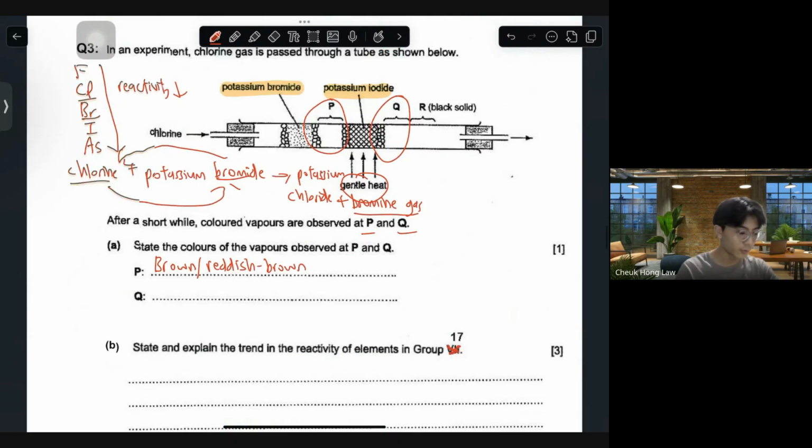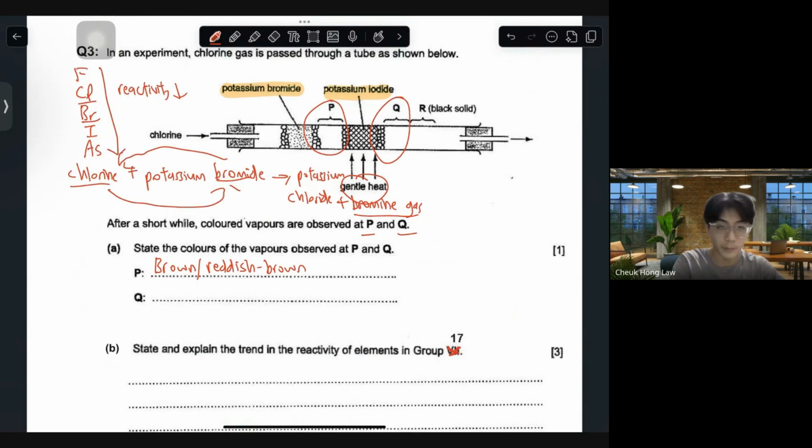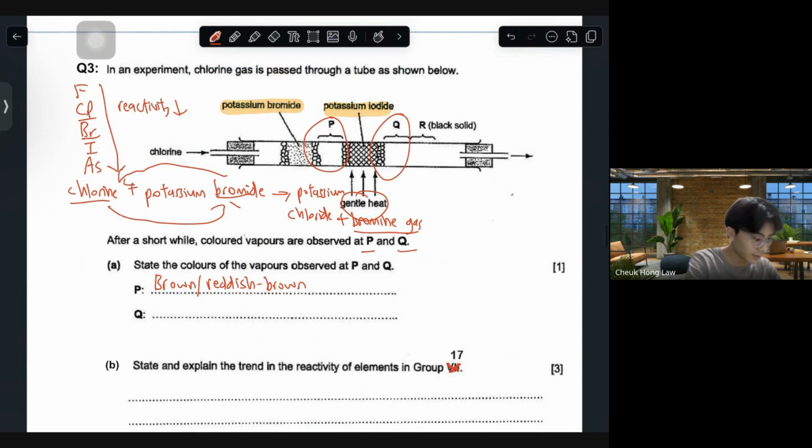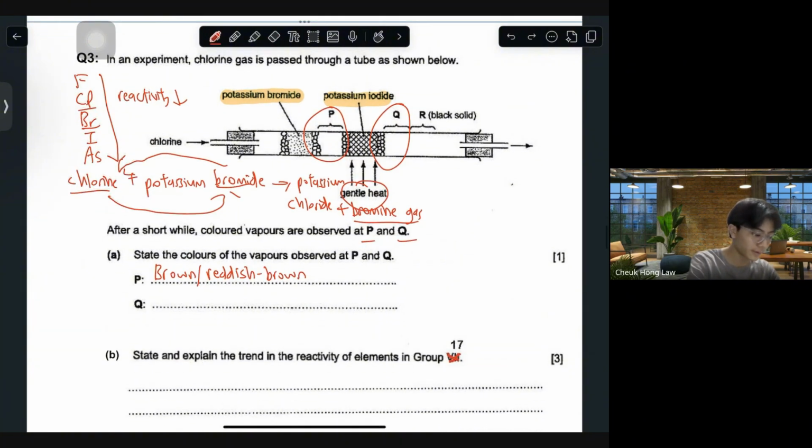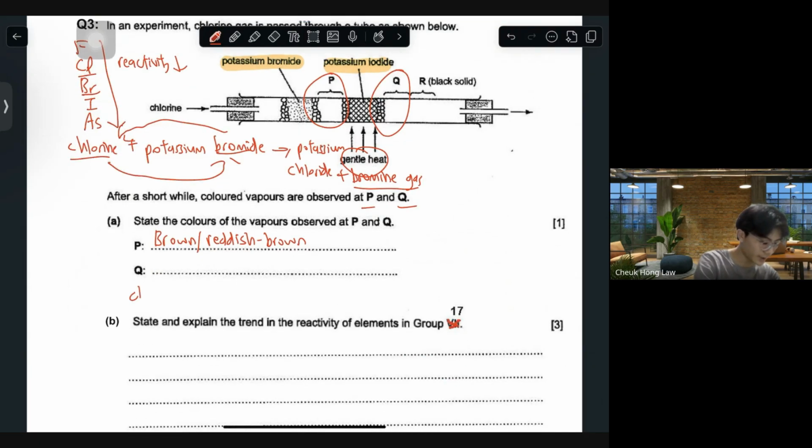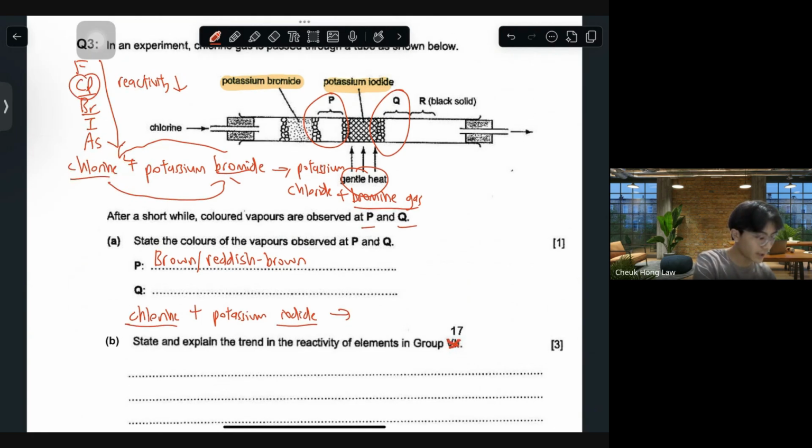Okay, what about Q? Q is after it reacts with potassium iodide. So now I replace bromide with iodide, right? So you have, I'm going to write it here, chlorine plus potassium iodide. Chlorine is here, iodine is here.